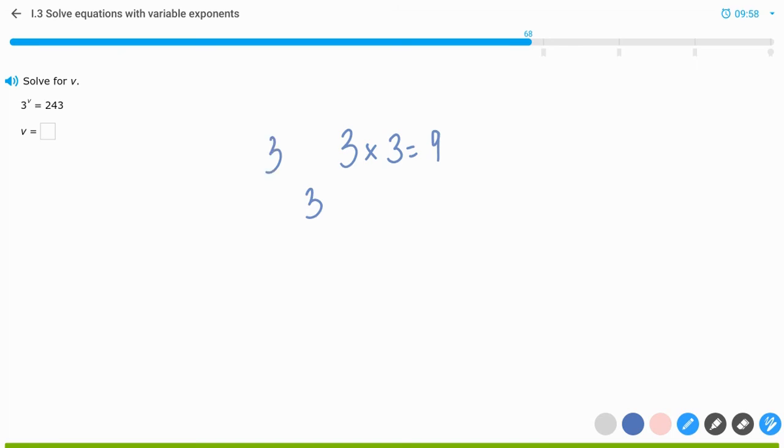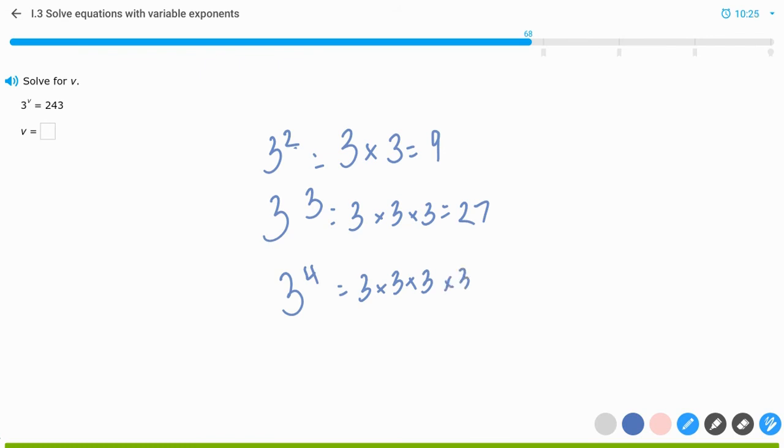So this would be 3 to the 2nd power. 3 to the 3rd power would be 3 times 3 times 3. 3 to the 4th. I think that was 81. I remember that from an earlier problem.